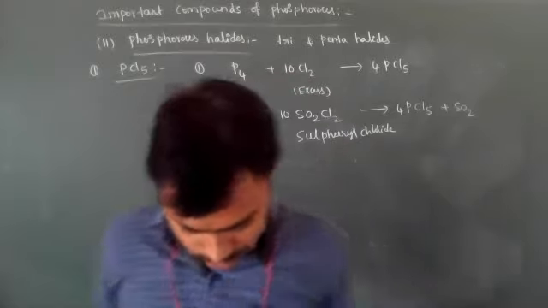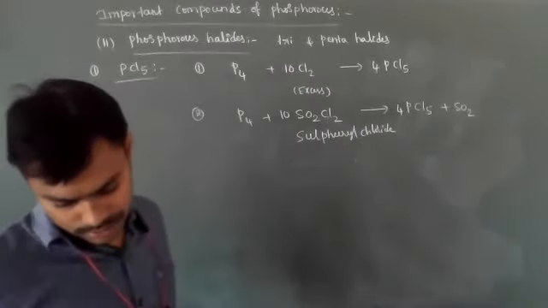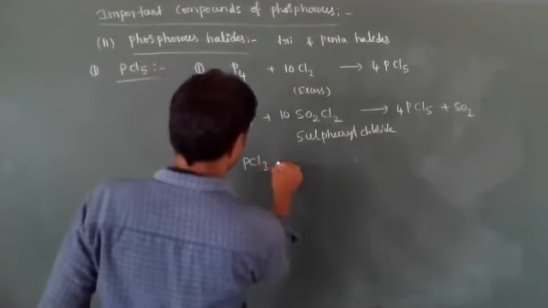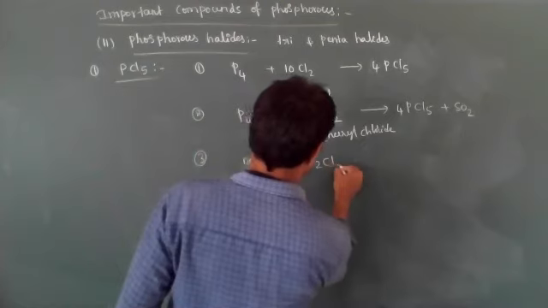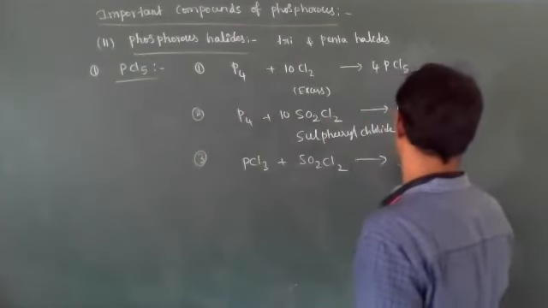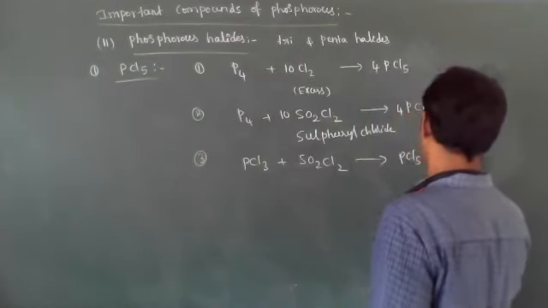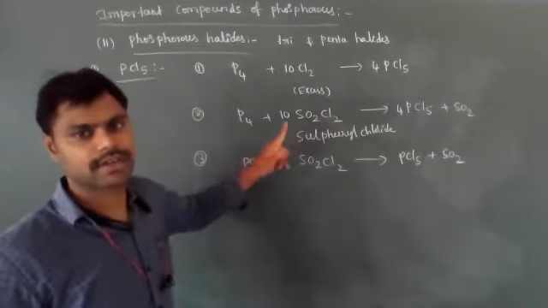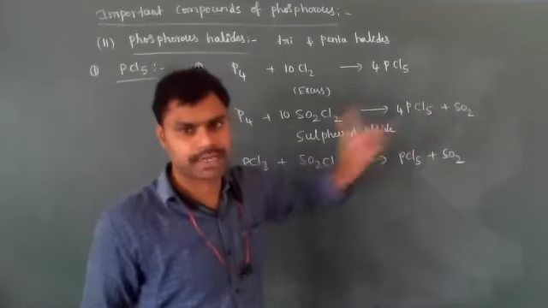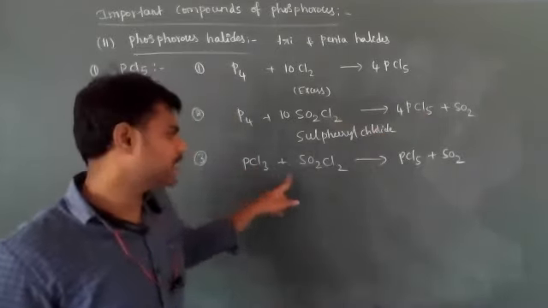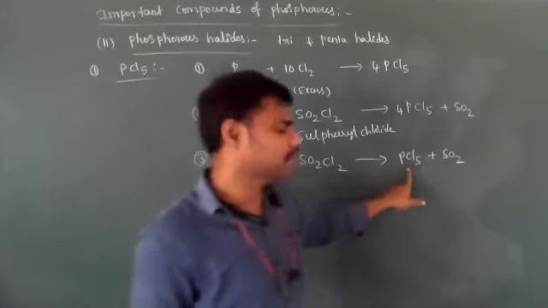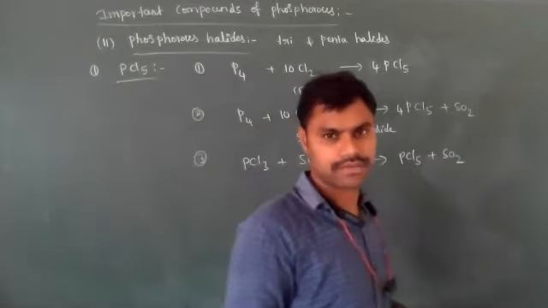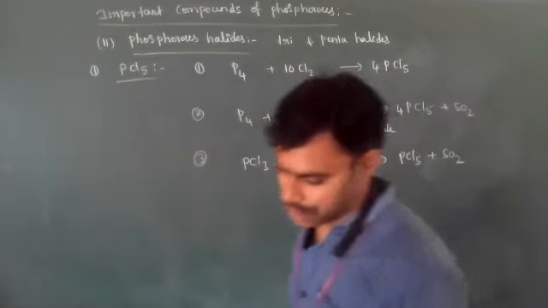The next important preparation method of PCl5 is PCl3 reacting with SO2Cl2, giving PCl5 plus SO2 gas. So directly white phosphorus is treated with sulfuryl chloride, then we are getting phosphorus pentachloride. Or phosphorus trichloride reacts with sulfuryl chloride, and we get phosphorus pentachloride plus sulfur dioxide gas.